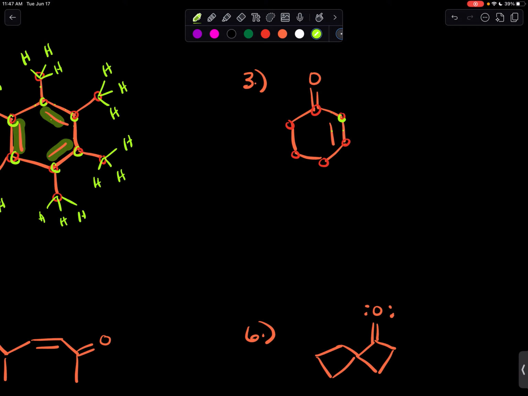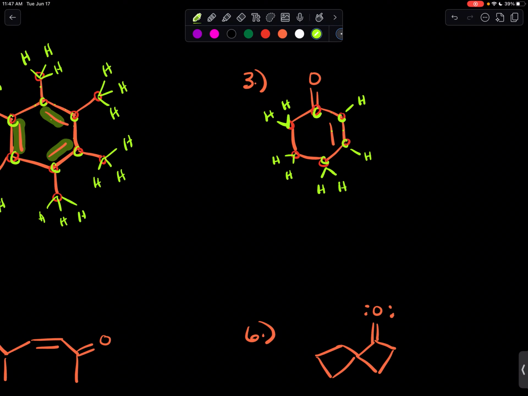It still needs 1 hydrogen. This one's exactly the same. This one will need 1 hydrogen. This carbon down here only has 2 bonds, so it'll need 2 hydrogens. This carbon is the same as the one previously, as is this one.